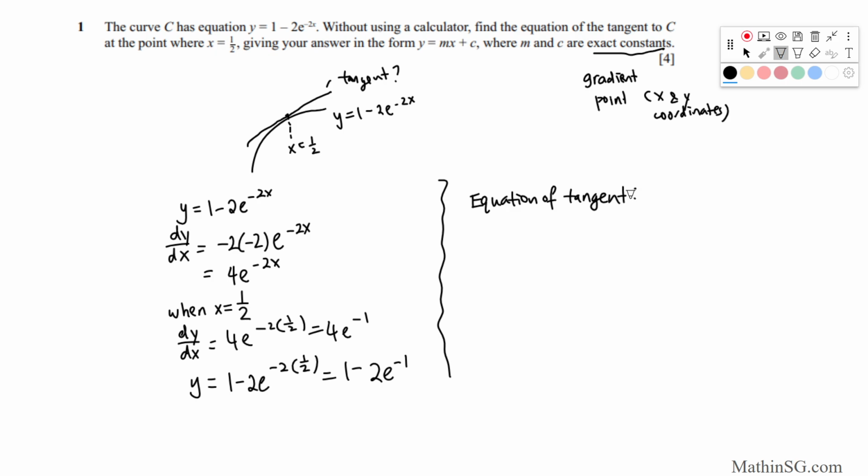To find the equation of the tangent, it is y minus the y coordinate, which is 1 minus 2e to the power of minus 1, equals the gradient, which is 4e to the power of minus 1, times x minus the x coordinate, which is half. Now let's simplify it.